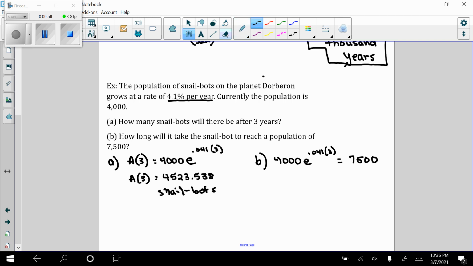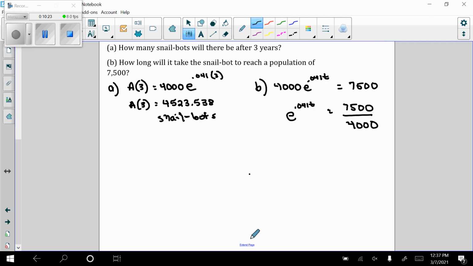Oops, I don't want 3 there, I want T, I apologize. So 0.041 T. If I divide by 4,000, I get e to the 0.041 T equals 7,500 divided by 4,000. You can leave it just like that since you're using your calculator.